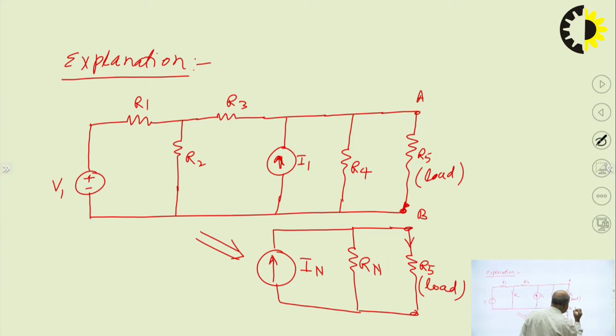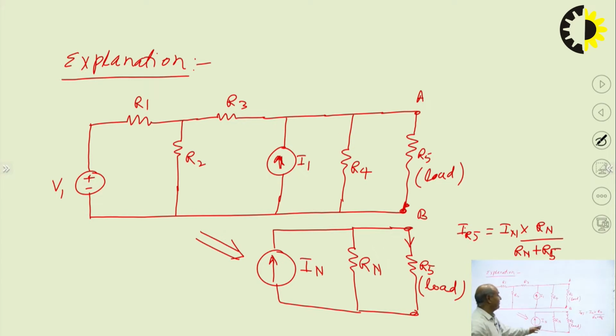The current in R5, that is IR5, is IN multiplied by Rn divided by Rn plus R5. So this is the value of current we can write from the current division rule.